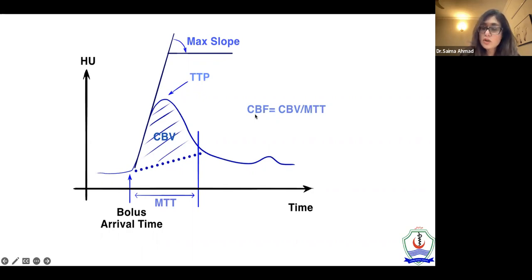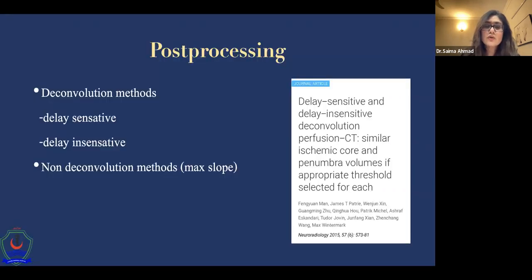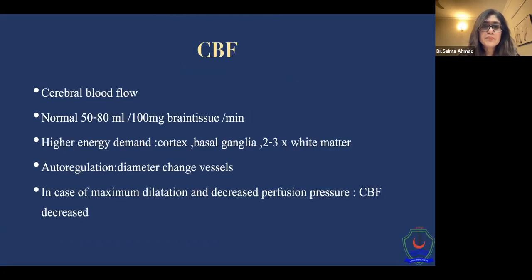This theory is called the maximum slope theory. In post-processing there are many other methods of calculating, such as the deconvolution method, but we are not going to talk about those because this is not the topic.